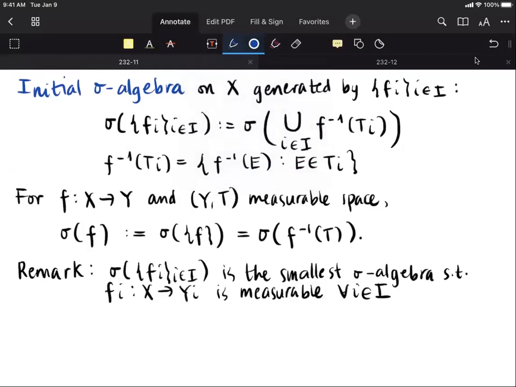You can verify this immediately from the definition of the sigma algebra generated by a set. So you're asked to verify this on your own. So this is the initial sigma algebra.